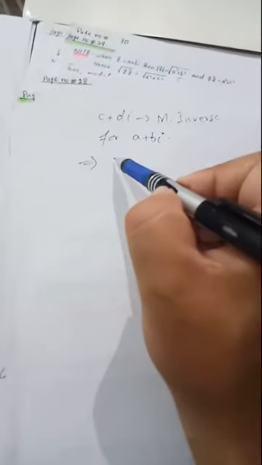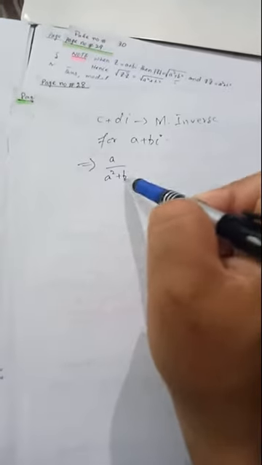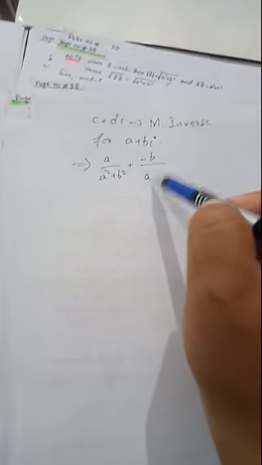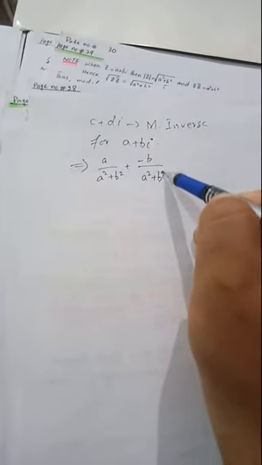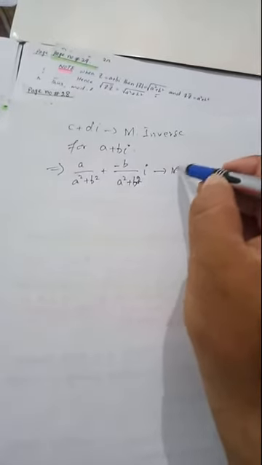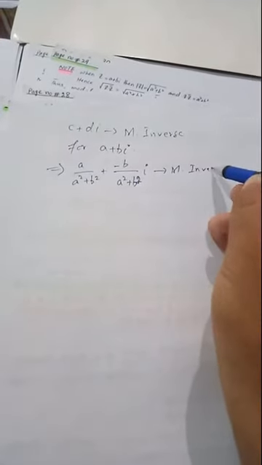So that complex multiplicative inverse will become a divided by a square plus b square plus minus b divided by a square plus b square iota. So this is the multiplicative inverse for a plus b iota.